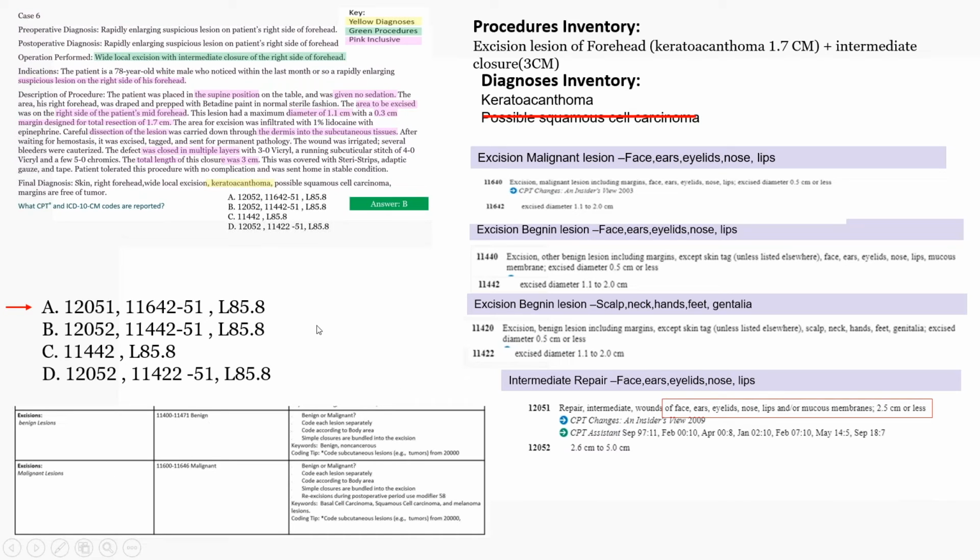And let's look into the next code option A has, which is excision of malignant lesions of 1.1 to 2 centimeter at the location of face, ears, eyelids, nose, and lips. Once again, keratoacanthoma being a benign lesion, it is not an excision of a malignant lesion. So we can eliminate option A.